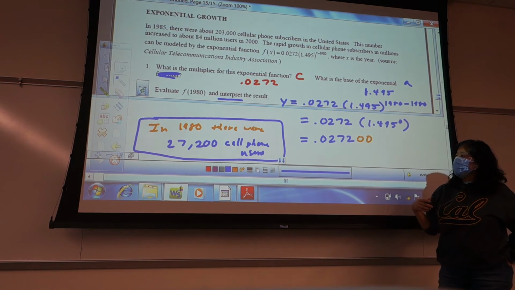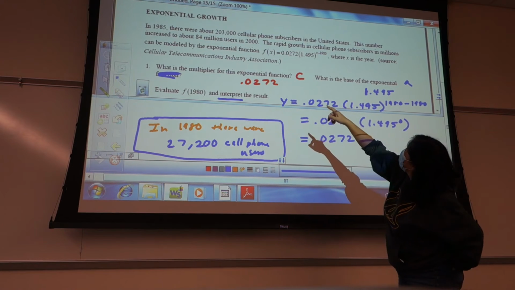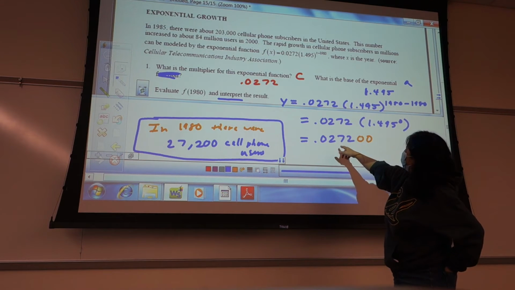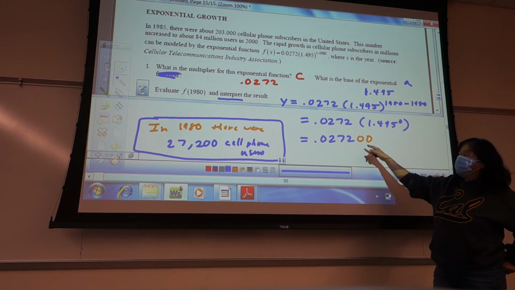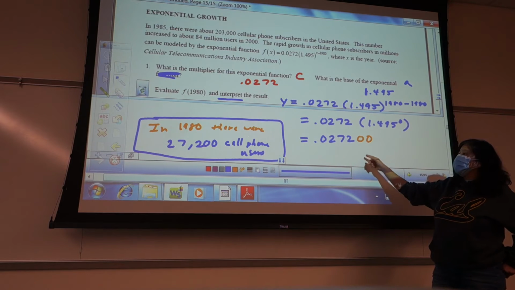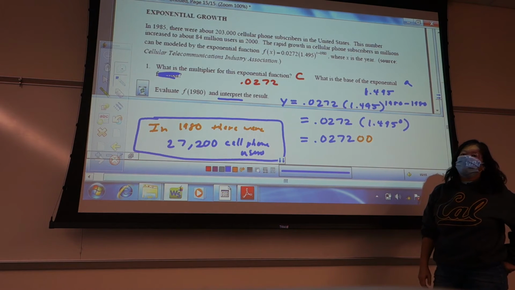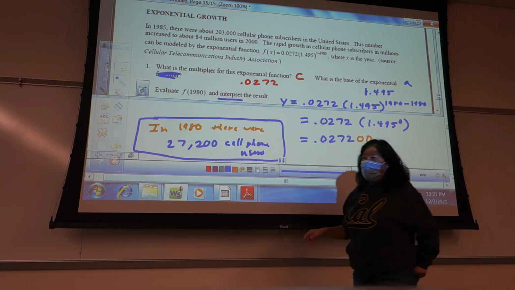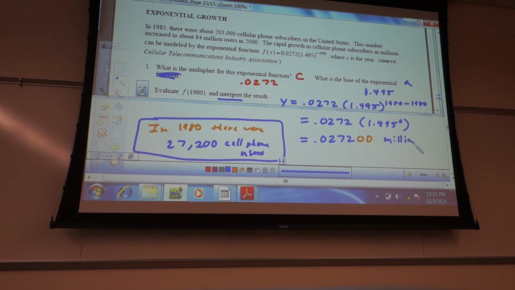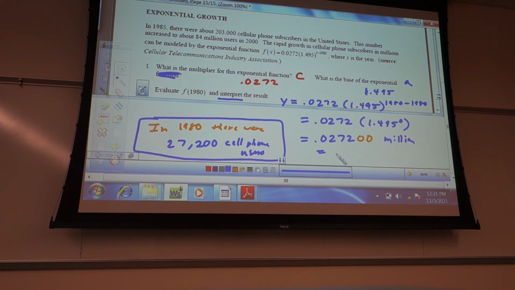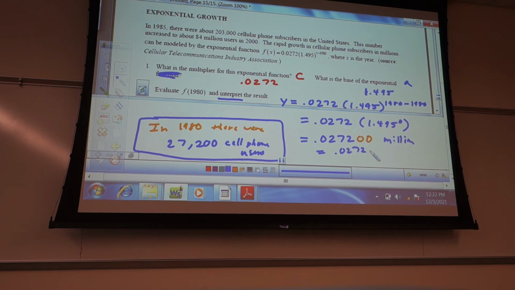No, where's the million? It says million. I know, but over here on this answer, so it's 27,200 million? No. 0.0272 million is 27,200. This is million, times 1 million.